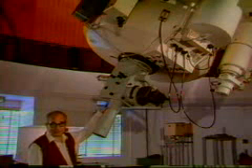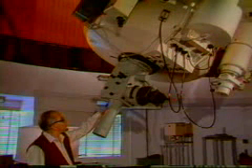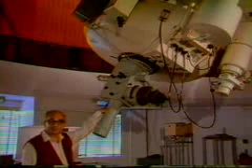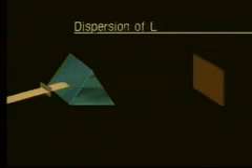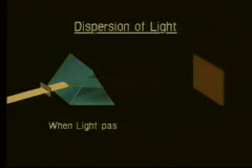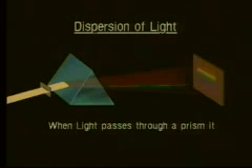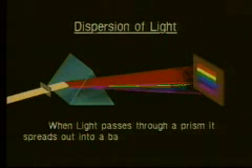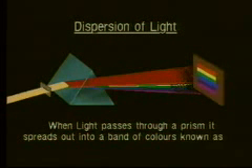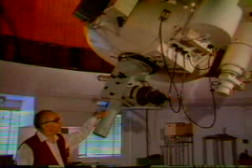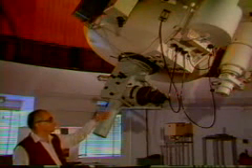It works on a very simple principle of dispersion of light. When light passes through a prism, it spreads out into a band of colors known as its spectrum. The spectrum formed is photographed by means of a camera.